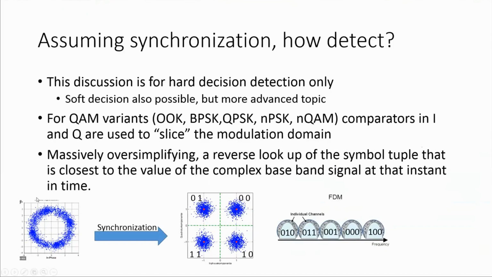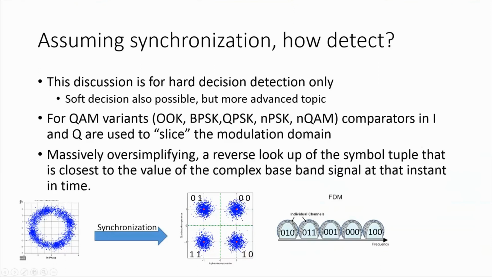This circle here is what happens if you have this signal and you're not synchronized. In this signal, synchronization has not been established. So if you have this decision boundary, here's the decision boundary, but this is moving around. So you can't tell what symbol to pick. You don't know.